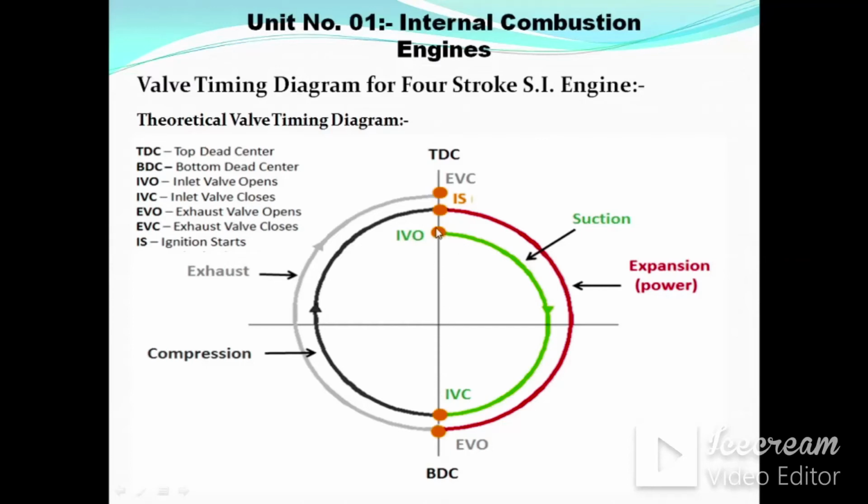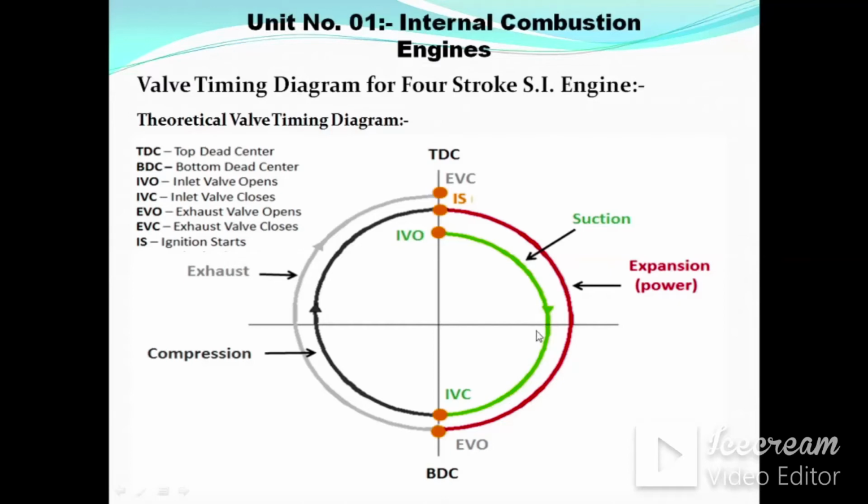When the piston moves from TDC to BDC, a vacuum is created inside the cylinder. Due to this vacuum, the fresh charge is admitted through the inlet valve and occupies the vacuum inside the cylinder. This is the suction stroke, meaning fresh charge is admitted inside the cylinder.